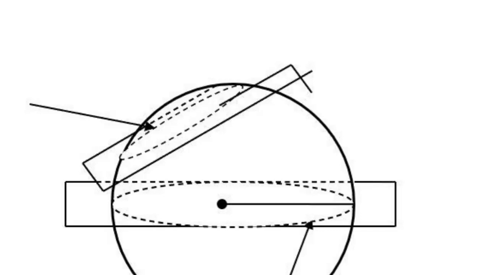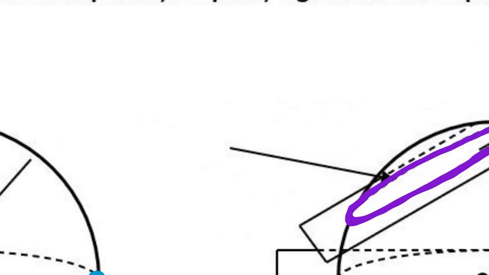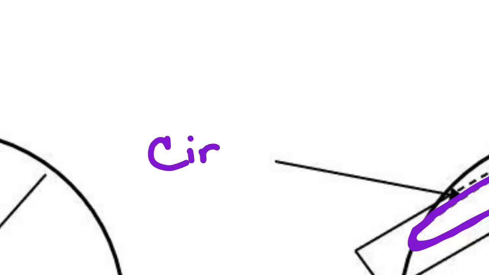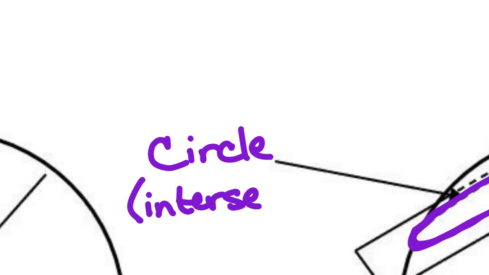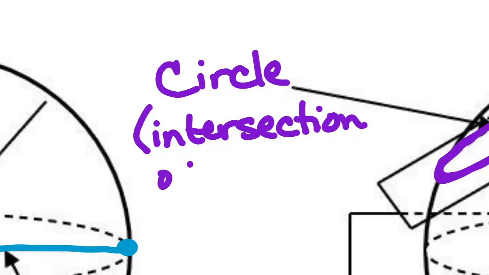A cross section of a sphere, if I were to slice a portion of the sphere off, is going to leave me with a circle. This is the intersection of a plane and a sphere.